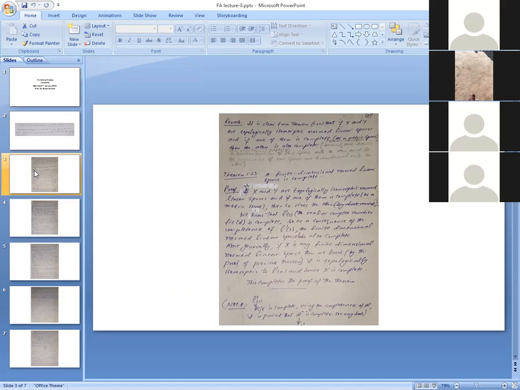We use this remark in the next theorem. The theorem says that a finite dimensional normed space is complete. When you consider any finite dimensional normed space, it will be complete.